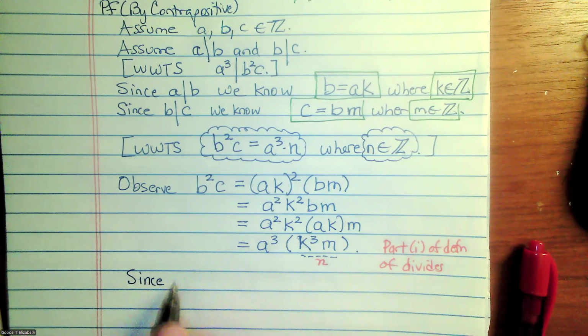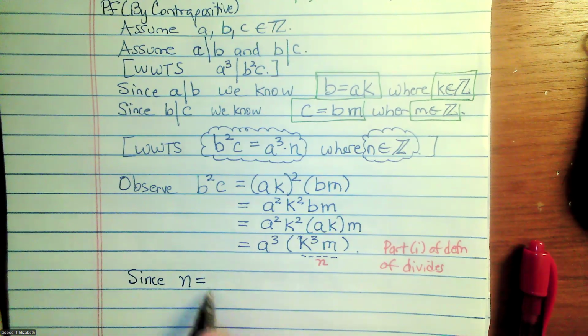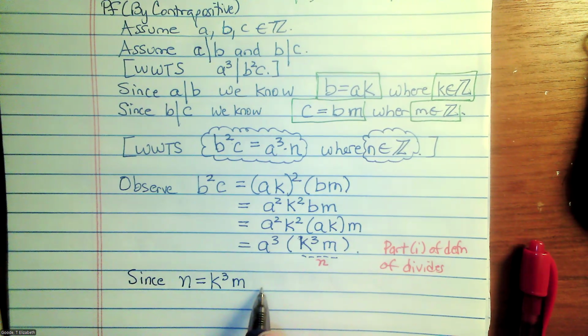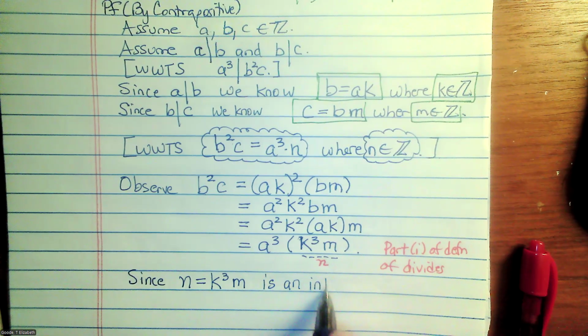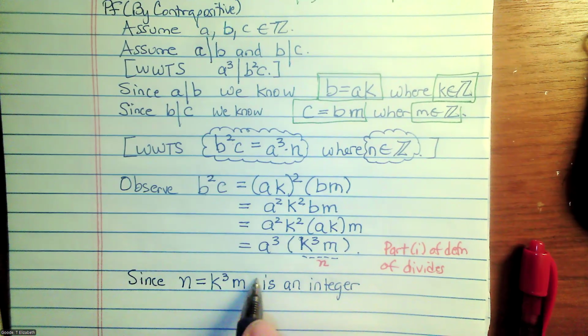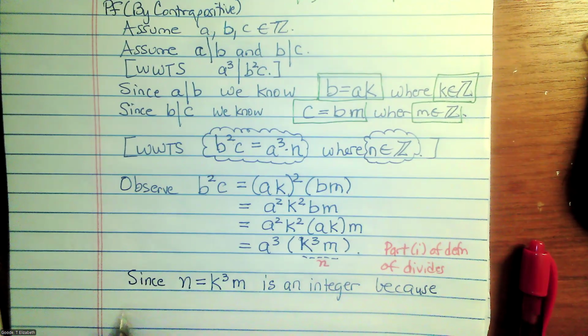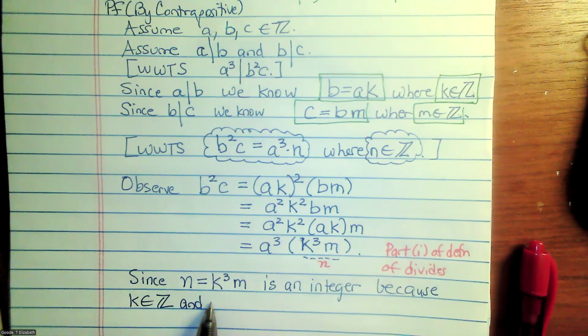n equals K cubed times M is an element of Z, or an integer, because K is an element of Z. And what else?